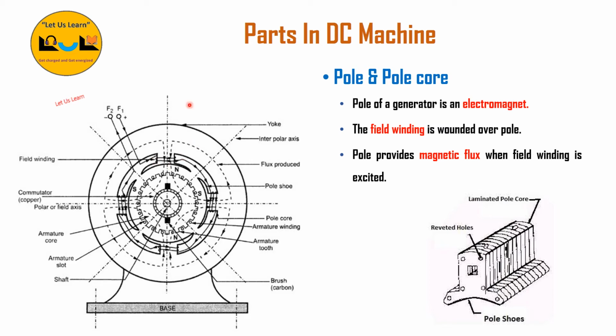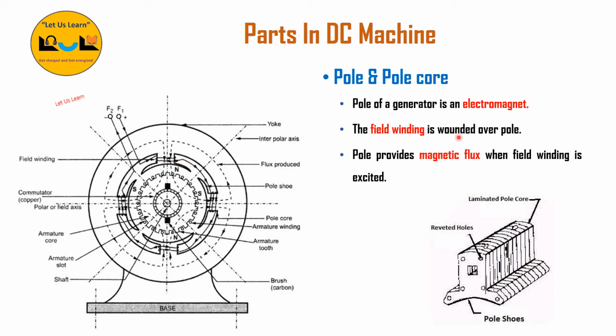As we already discussed in small classes, any iron material wound with a coil, if you give input to that coil, acts as an electromagnet. Same case here: this is made up of some conducting material and it is wound with a coil. If I give electrical energy as input to that coil, this pole acts as an electromagnet.